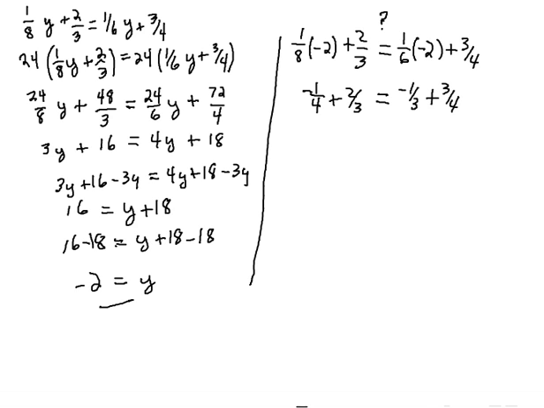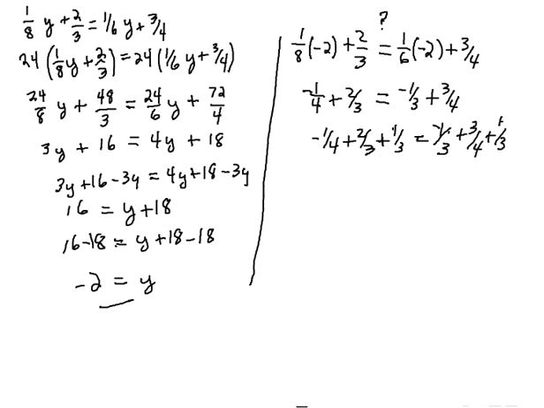Hey, we could take LCDs and so forth, but think about adding 1/3 to both sides. If I added 1/3 to both sides, I get negative 1/4 plus 2/3 plus 1/3 is equal to negative 1/3 plus 3/4 plus 1/3.